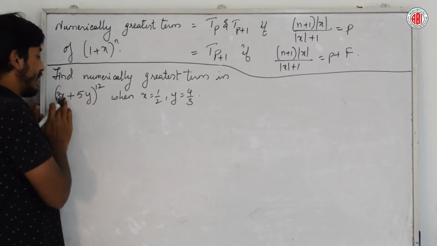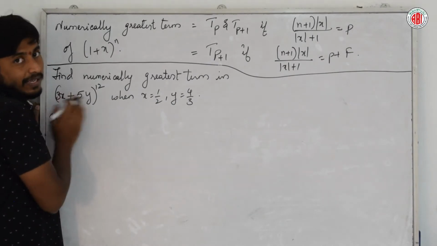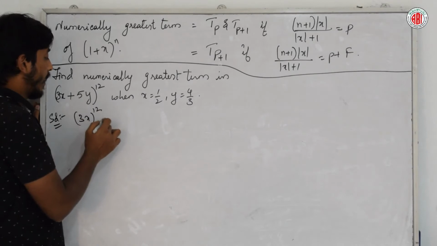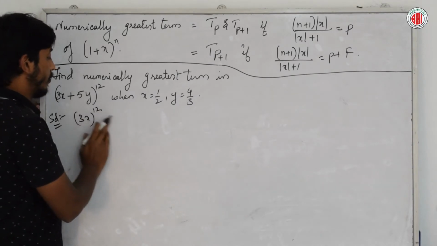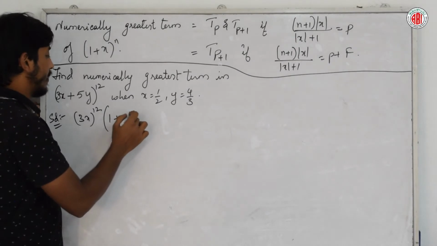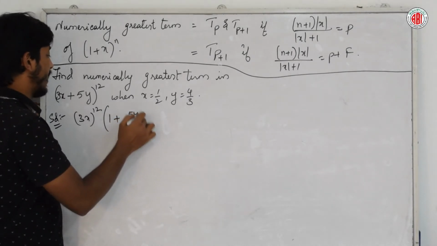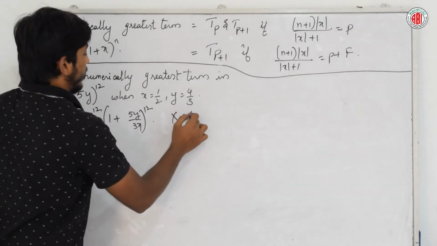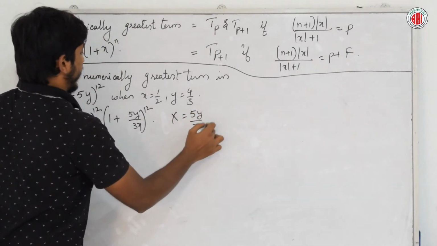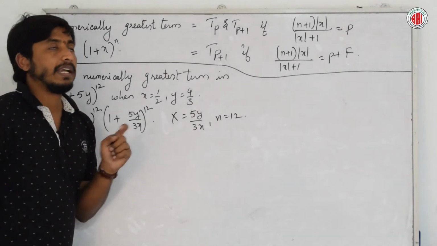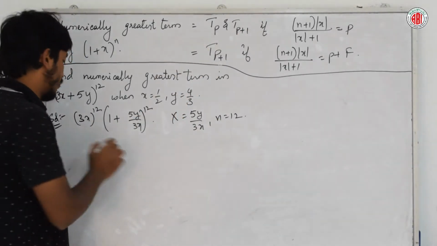We have to take 3x as common, then we will get 3x into 1 plus 5y by 3x whole power 12. Now what is x here? 5y by 3x. What is n? 12. Right? Now what is the value of mod x now?